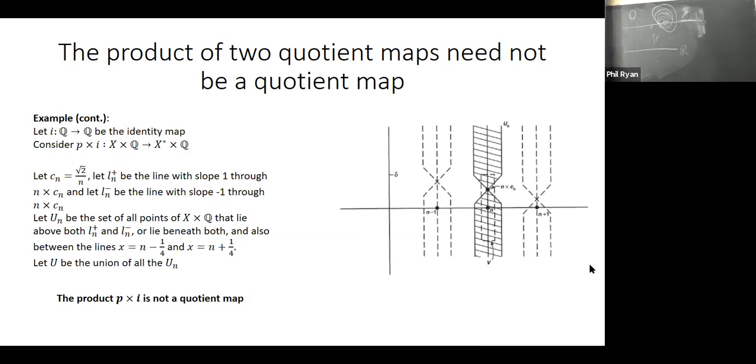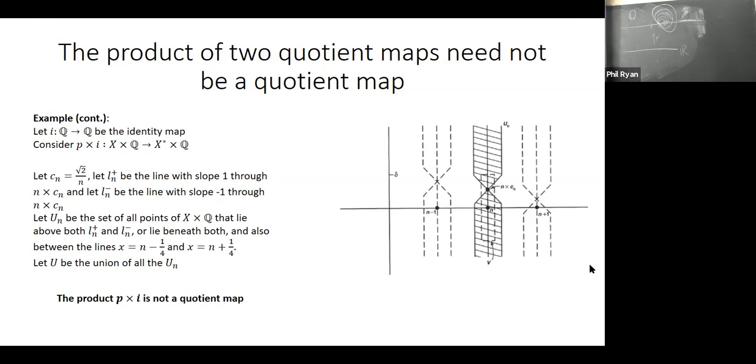That's an open set in X cross Q. Okay, so now the nice thing is, the reason why we chose Cn is that this line of rational points here lies entirely within the open set.